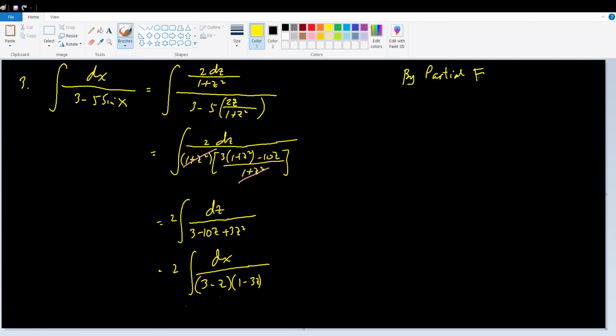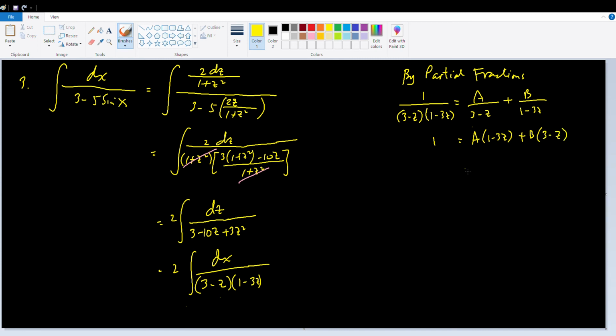By partial fractions, 1 over 3 minus z times 1 minus 3z. These are two linear factors, so there are two partial fractions, A over 3 minus z and B over 1 minus 3z. So combining and then canceling both denominators, we have 1 equals A times 1 minus 3z plus B times 3 minus z.